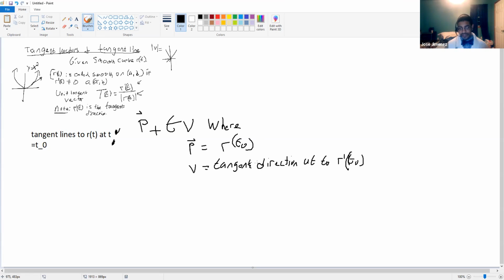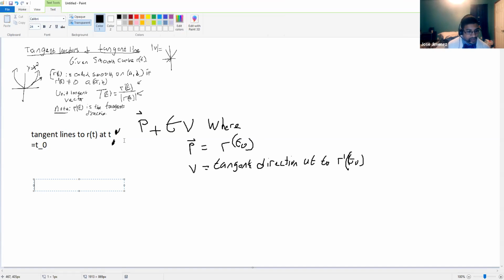All right, the best way to describe this is with an example. Example: find the tangent vector, the unit tangent vector, and approximate line.